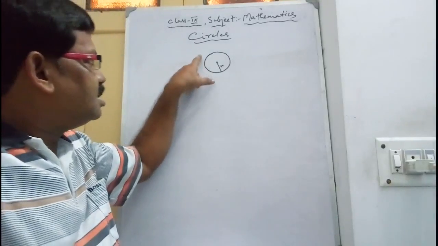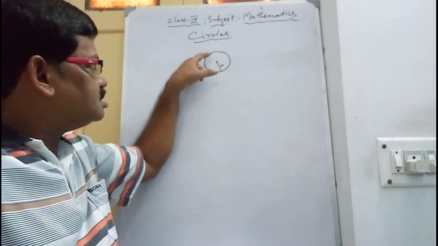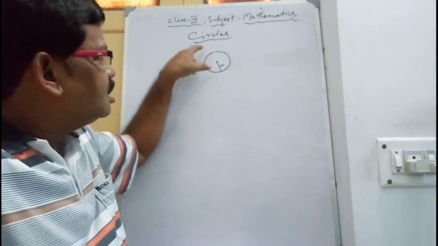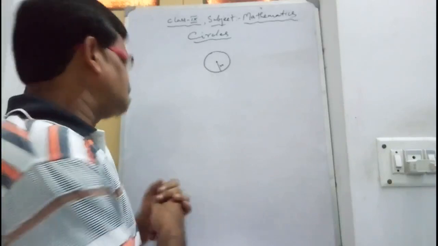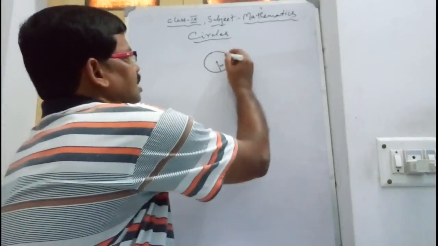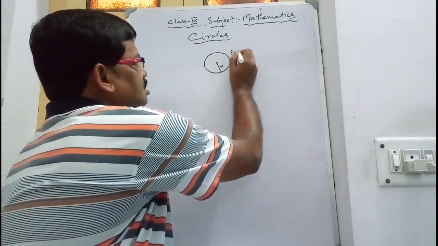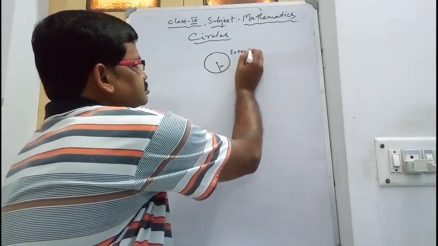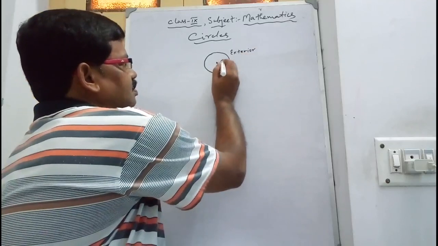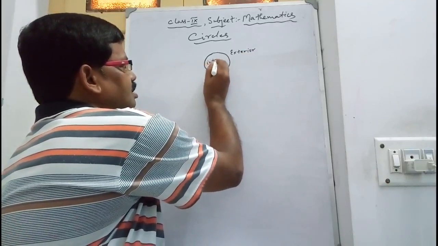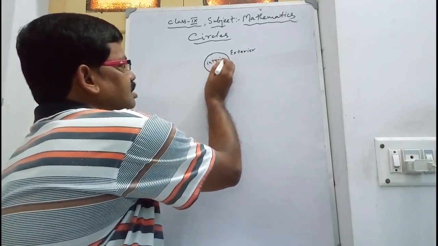And this one divides the plane into three parts. One is outside. If you take this region, that is exterior. If you take this one, interior.